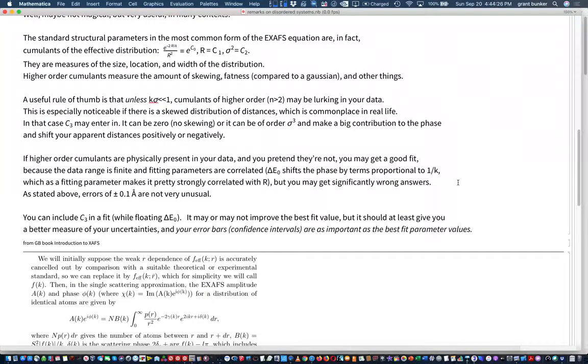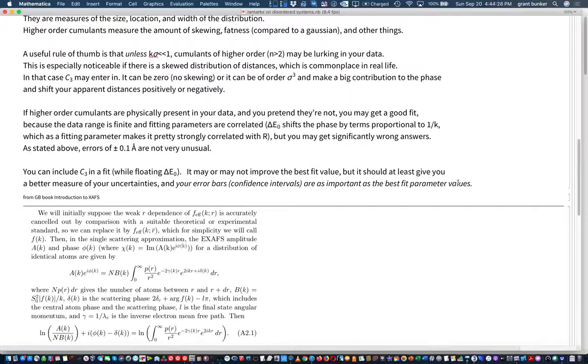Okay, so a useful rule of thumb is the following: unless k times sigma is a lot less than 1, where k is effectively your average data range, could be the upper end of your data range, but say take the average of your data range, that times sigma, the sigma of your Debye-Waller factor for a shell, is much less than 1.